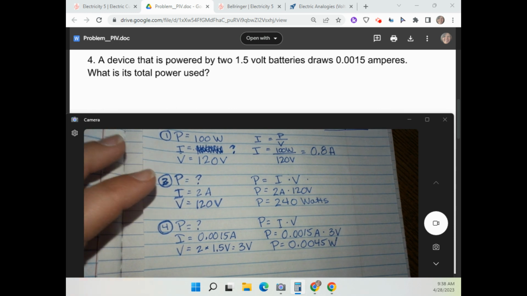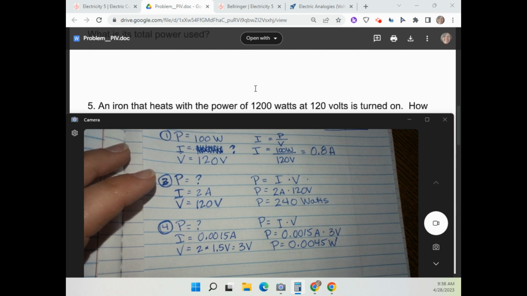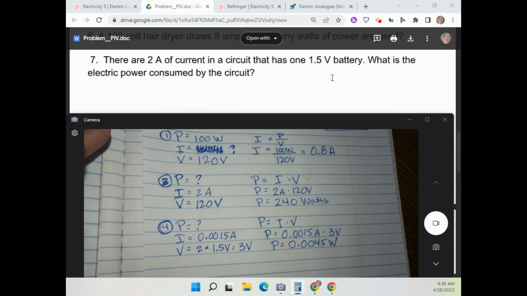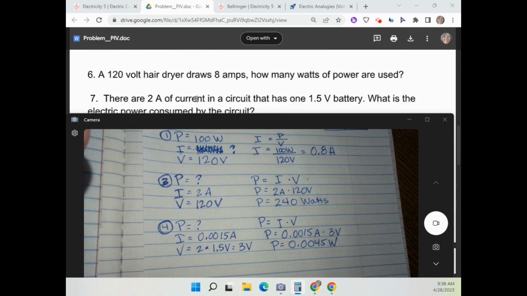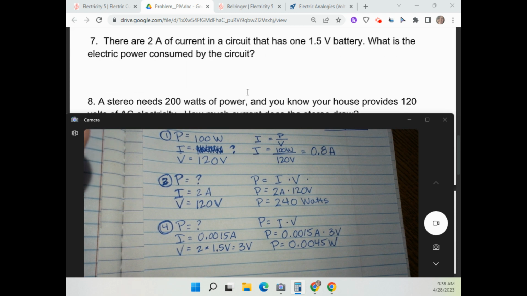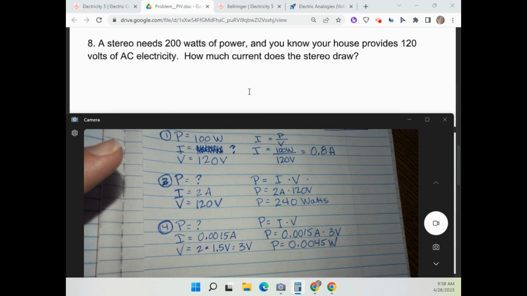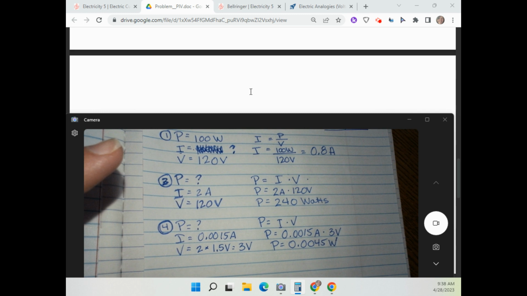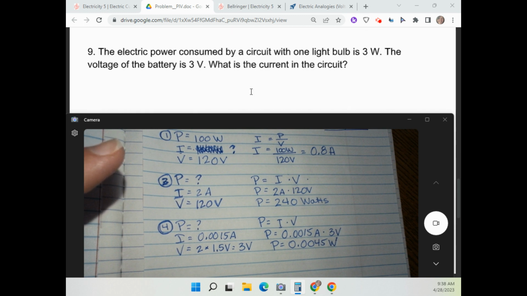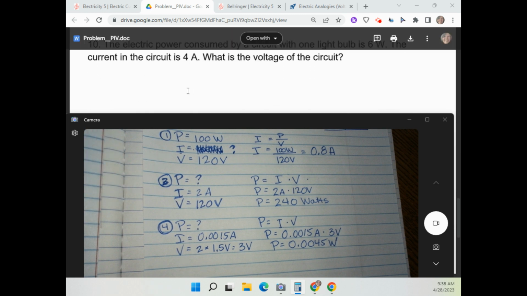All right, so let's find a question that's asking us for volts. What is the voltage? Number 10.